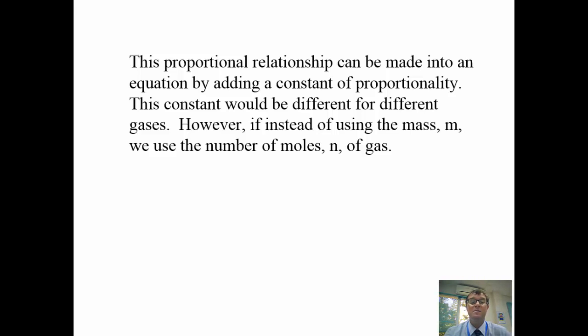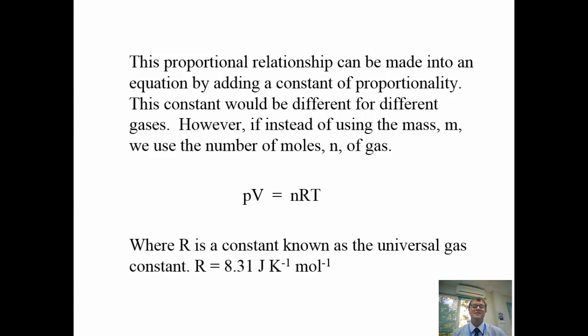However, if instead of using the mass, we use the number of moles of gas, that allows us to have a greater alignment. So what we can have here is pressure times volume equals the number of moles multiplied by a constant R times T. This constant R is known as the universal gas constant and has a value of 8.31 joules per Kelvin per mole.